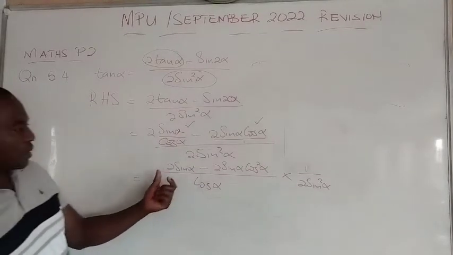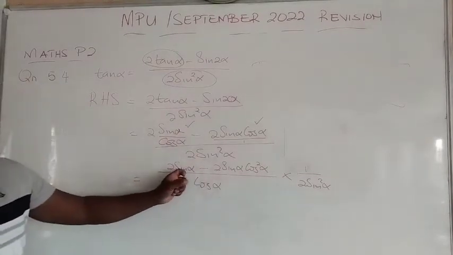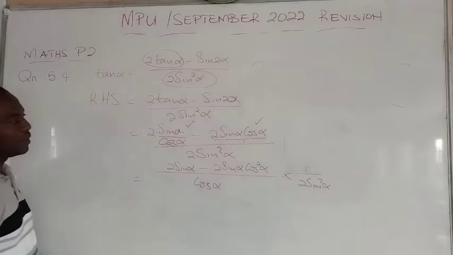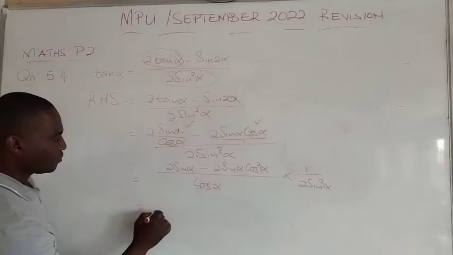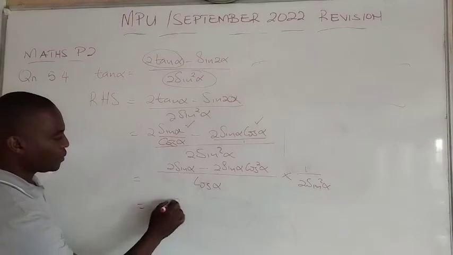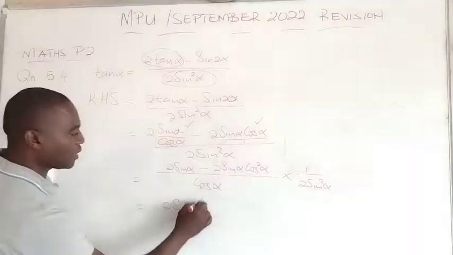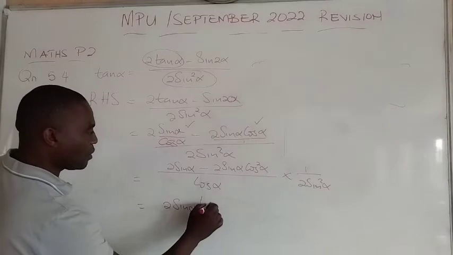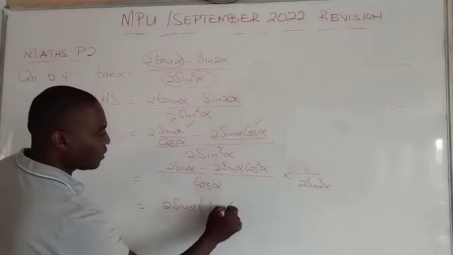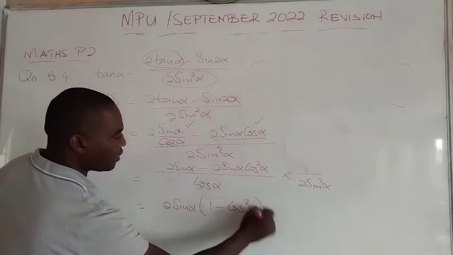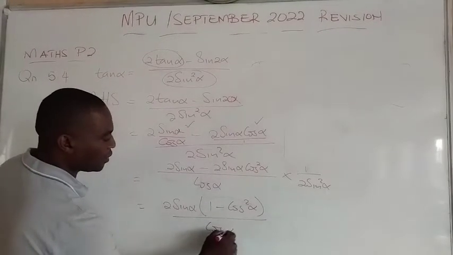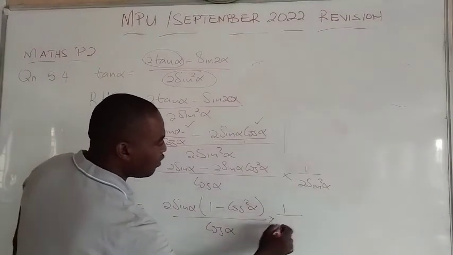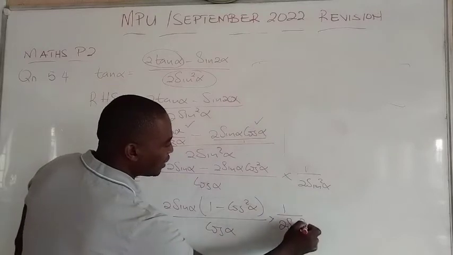Now looking at the numerator, we can see that sine alpha is common, so we can factor it out. So this will be 2 sine alpha, that is common, into 1 minus cos squared alpha, divided by cos alpha times 1 over 2 sine squared alpha.